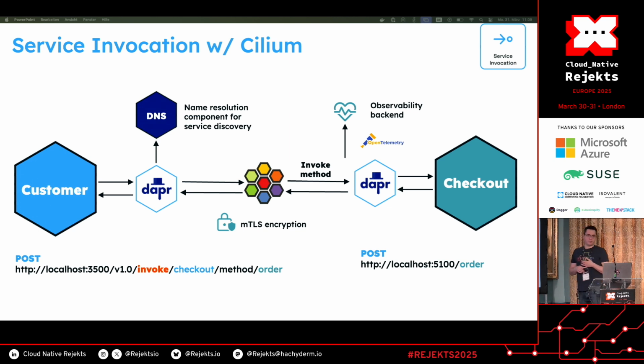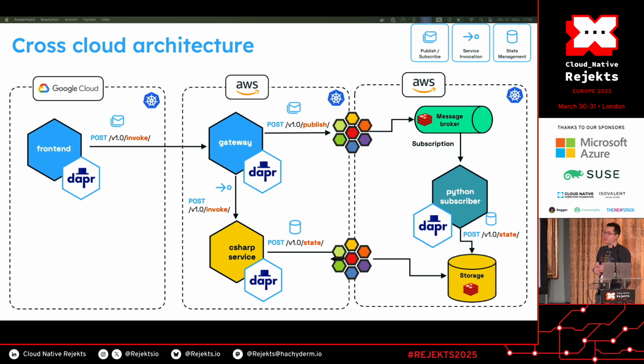Because this was a lot of theory at that point in time, let's pray to the demo gods and hope that things don't completely break up. So for this one, what we want to showcase today is we took an example architecture having one application front end running on Google Cloud, which then calls through a gateway on two AWS clusters, where there is a gateway, which then pushes things forward through a message broker eventually, and there are subscribers on this message broker that are responsible for ditching the messages, which eventually is a Redis store.